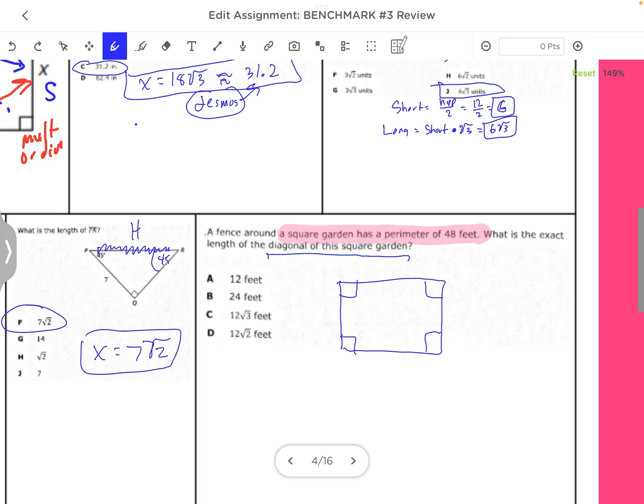If it's 48 for the perimeter, and all sides are equal, we divide by 4, which is 12 per side. So that's 12, 12, 12, 12. That's what we know from that information. What's the exact length of the diagonal? A diagonal looks like this.